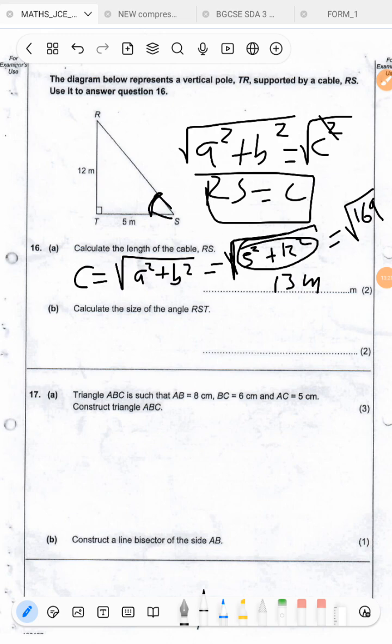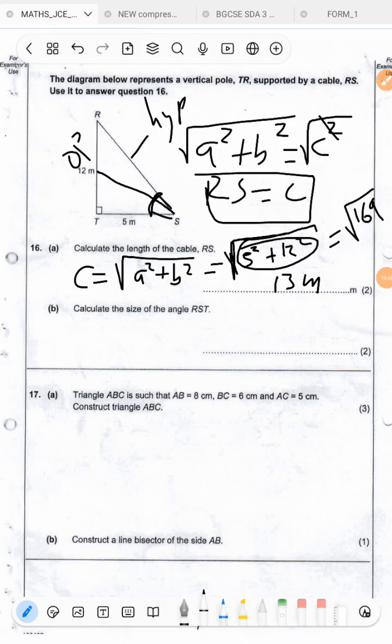Okay, so if that's your angle, let's label our respective sides. If that's the angle, that means that this is going to be the opposite. Opposite side is the one that is opposite the angle. And then the longest side is the hypotenuse.